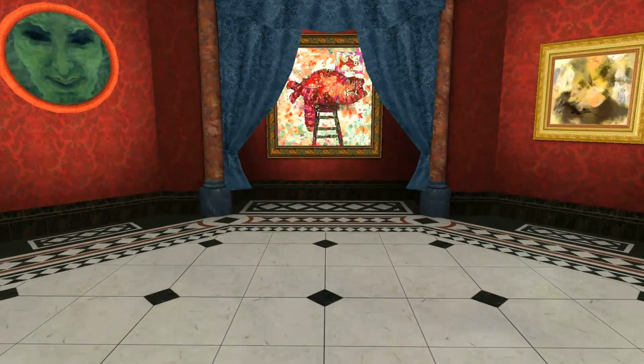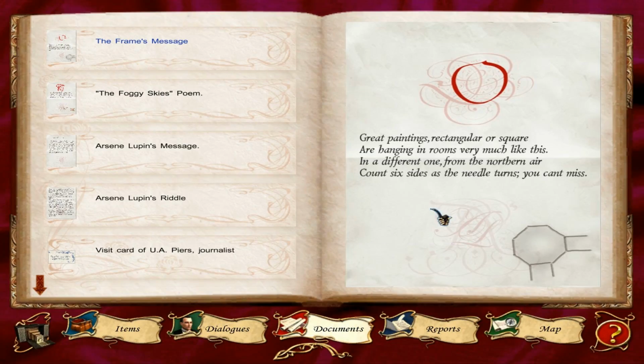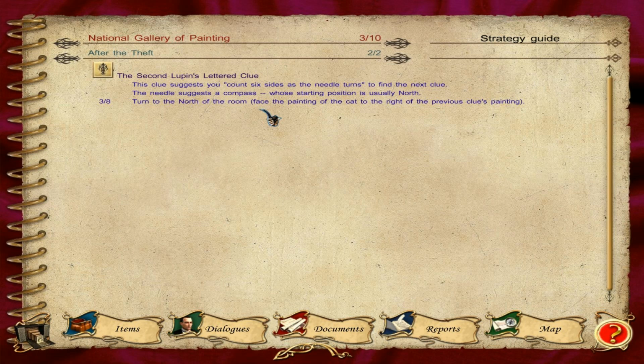It's this one. Okay, let's reread the note, rather. Let's not look at the note. In a different one from the northern... Right. Great paintings, rectangular or square, are hanging in rooms very much like this. In a different one from the northern air, count 6 sides as the needle turns. You can't miss it. I have no idea what you're talking about.